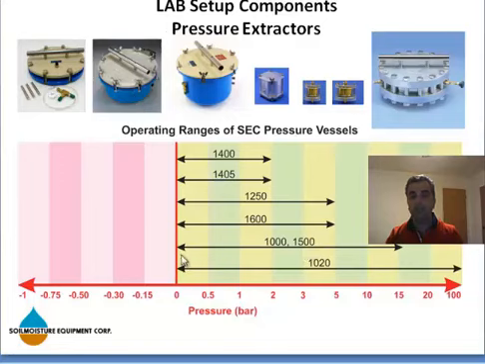For 1000 and 1500, the range of application is from 0 to 15 bar. The 1000 extractor is used for shrinking swelling clay, and you saw the picture in the previous slides. 1500 is for quote-unquote regular soils, and here I have 1600 that the range of application is from 0 to 5 bar, as you can see here.